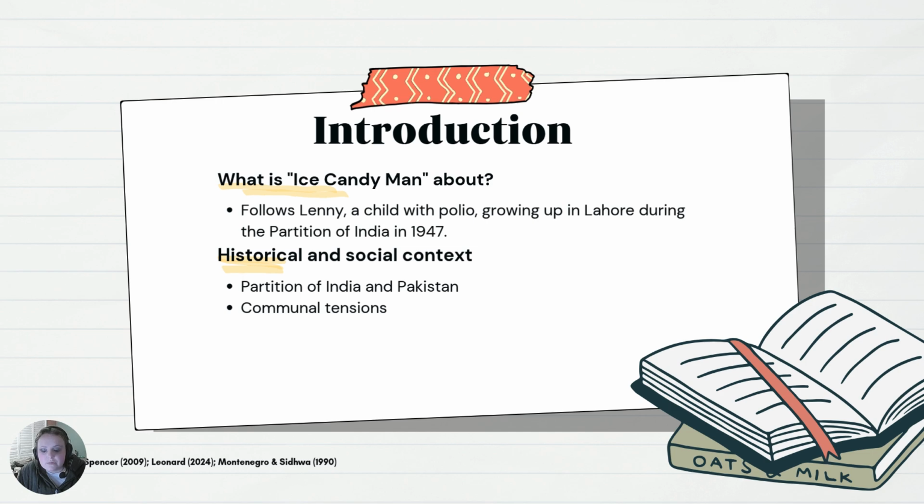The process also sparked horrific communal violence and riots between Muslims, Hindus, and Sikhs across the region, in which between 200,000 and 2 million people died. Border disputes and separatist movements sprang up in the aftermath, which the author discusses a lot in an interview, which I believe is referenced on the slide as well, about what influenced her to create this novel.